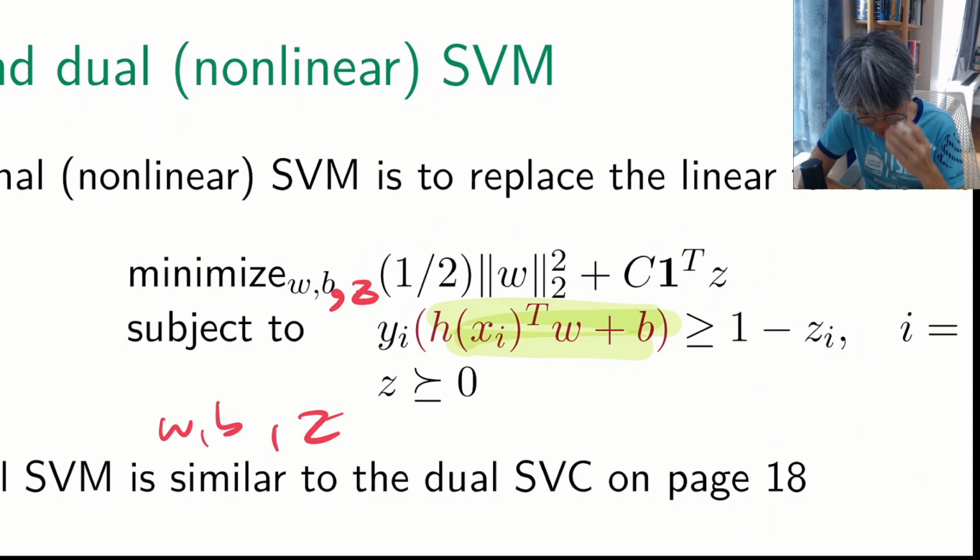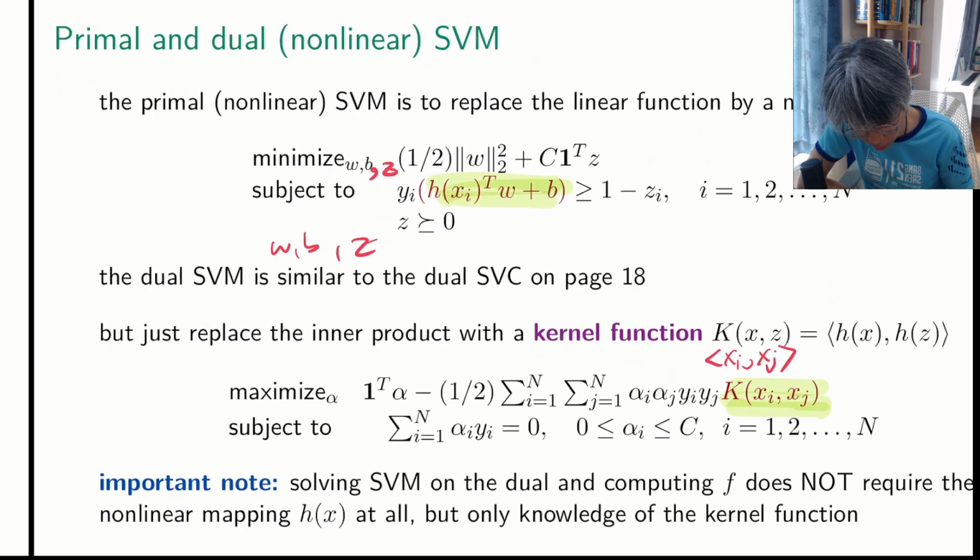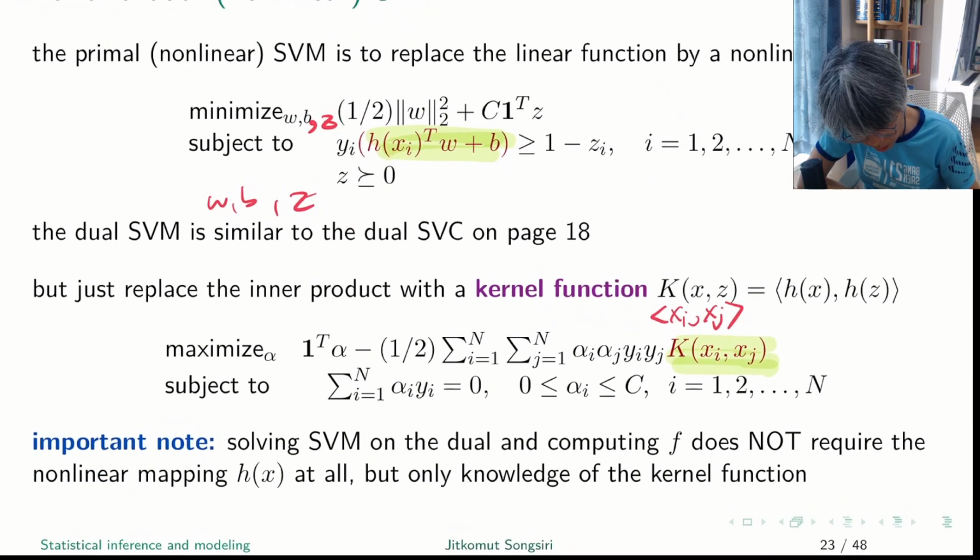So this is a quadratic program. Take a look at the dual. The dual is still a quadratic program: a quadratic function in alpha i, with a linear equality constraint and linear inequality constraints in alpha i.